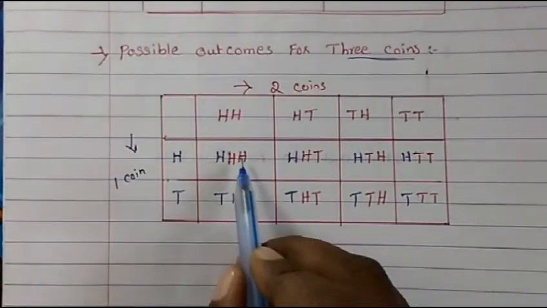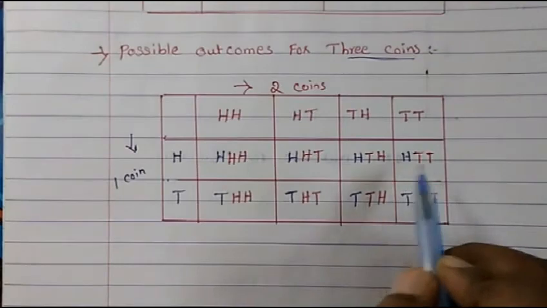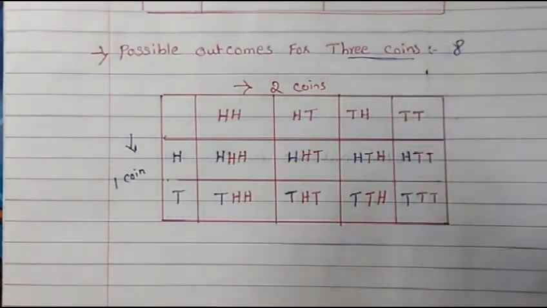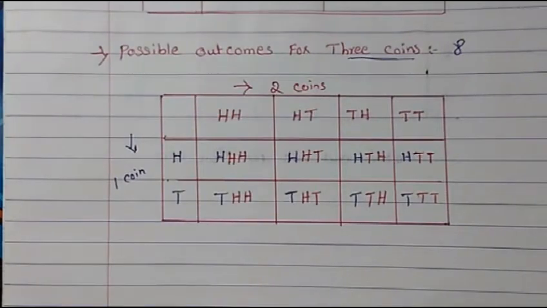So what are the possible outcomes we have? 1, 2, 3, 4, 5, 6, 7, 8. So in total we have 8 possible outcomes.